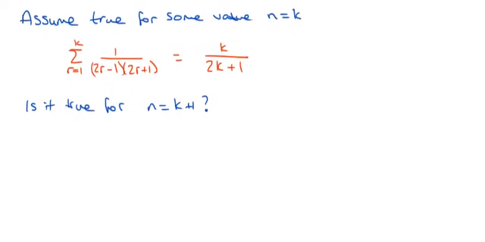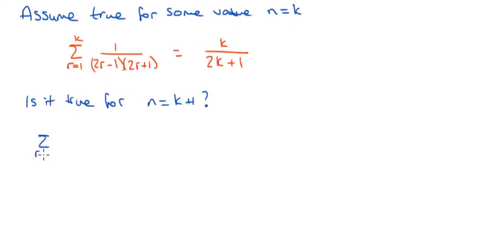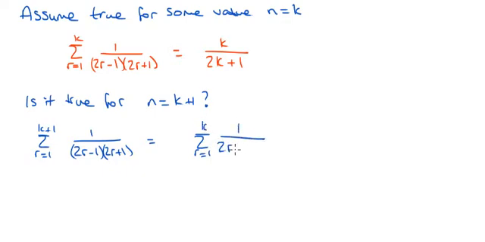Well, let's find out. So n equals k plus 1 would just equal the sum from 1 to k plus just the next term after it. So we've got all these terms, 1, 2, 3, up to k. The next term would be k plus 1.